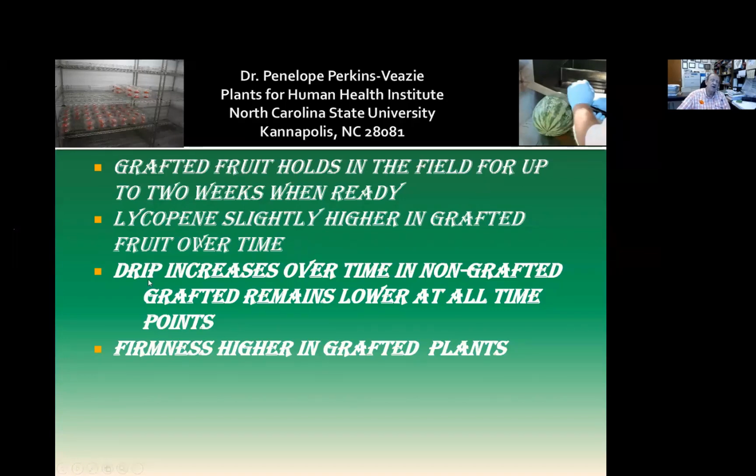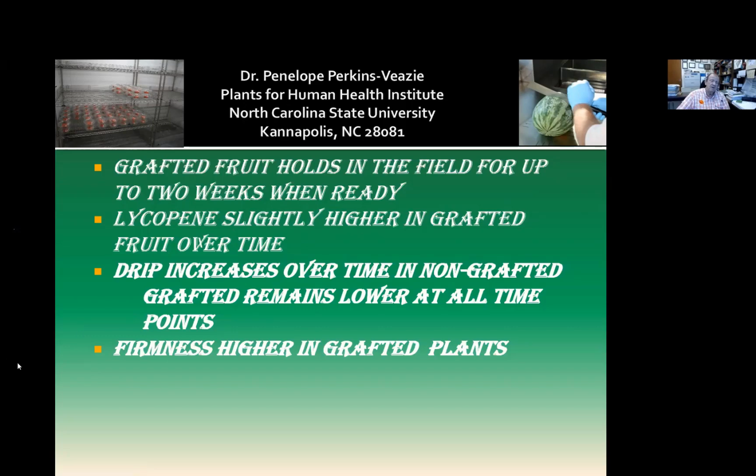Also, the fruit on a watermelon is much firmer, so you don't have a lot of drip loss when you're looking at fresh cut. When you're cutting a watermelon, you're cutting open the cells, and so what happens is they will leak.